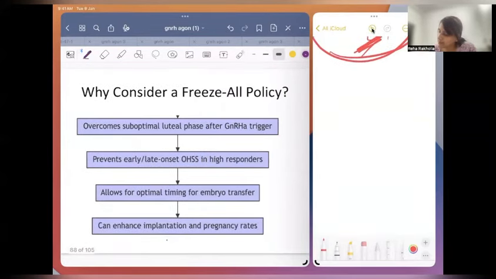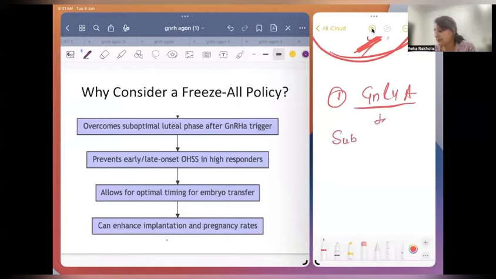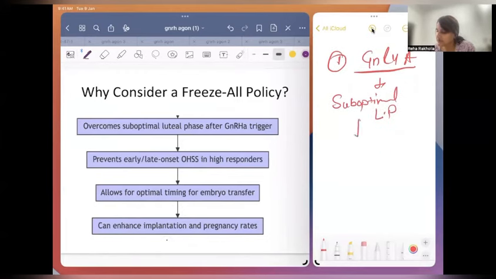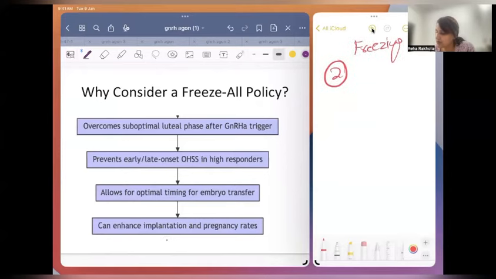See, first, GnRH agonist will cause suboptimal luteal phase. So to overcome, we'll do freezing. Second, to prevent OHSS.